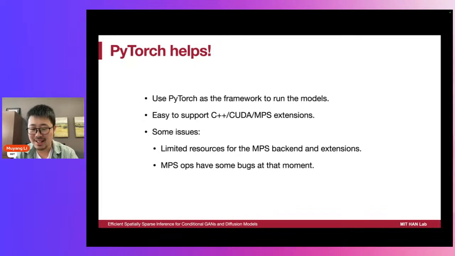First, at that moment, I think Apple had just released their MPS backend, and there were limited resources for the backend and the extension. So I spent a lot of time exploring this, and the native MPS PyTorch operations often had some bugs at that moment. I guess it is just because I'm using a preview version of PyTorch, which is not that stable. Yeah.